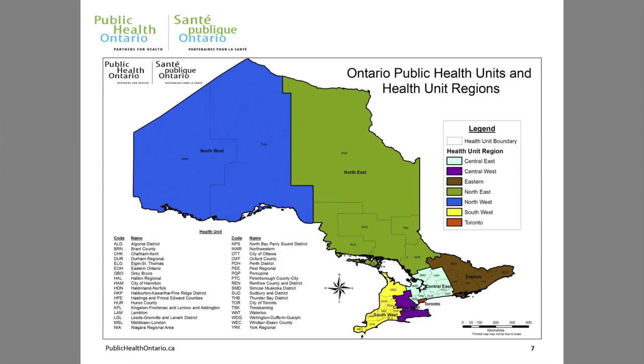There are 36 of them, and each has its own local medical officer of health. They're different regions, as you can see by the map, with big differences in size, habitat, biology and population. Toronto has millions of people, while northwestern Ontario has tens of thousands. Very different dynamics, which is also the case for a lot of your other provinces.